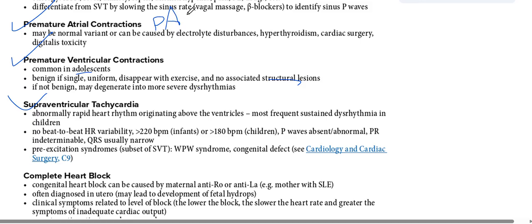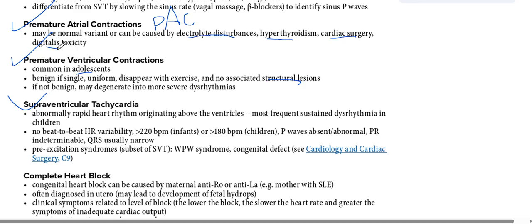Atrial contraction? Okay, may be a normal variant, or can be caused by electrolyte disturbances. So either the cause is normal, there is no cause, or it may be caused by electrolyte disturbances, hyperthyroidism, heart surgery, digitalis toxicity.